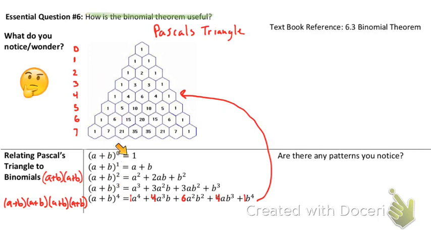We have 1, 4, 6, 4, and 1. So, in other words, Pascal's triangle is actually giving us the numbers or coefficients when we raise a binomial, two terms, to a high power.